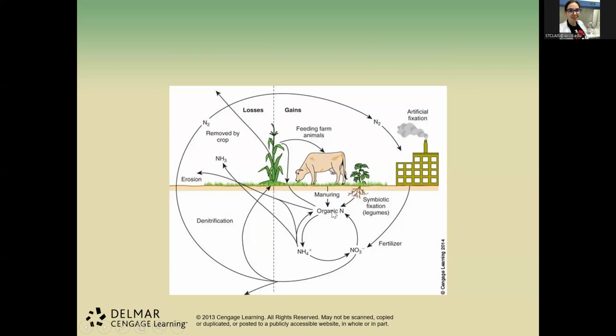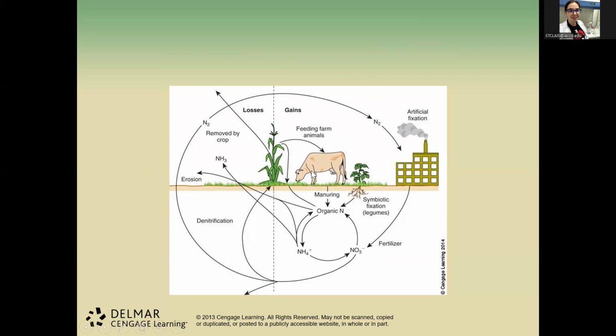The organic nitrogen can be broken down to ammonium and into nitrate. Of course, this is also accompanied by the symbiotic fixation of nitrogen by the legumes, as they have that beneficial association with the rhizobium bacteria.